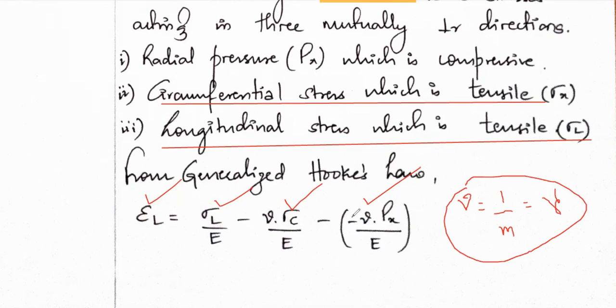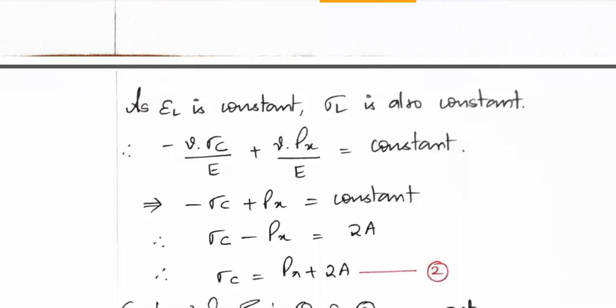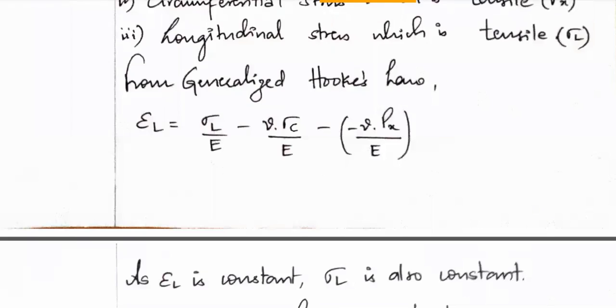Now this negative sign is coming into picture because your radial pressure is compressive in nature. That is the reason I have put this negative sign. If I open this bracket, this minus and this minus multiply each other and the product will be positive. You can check that in my next step.